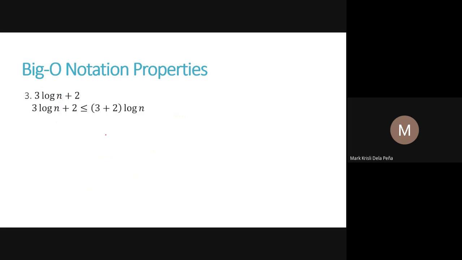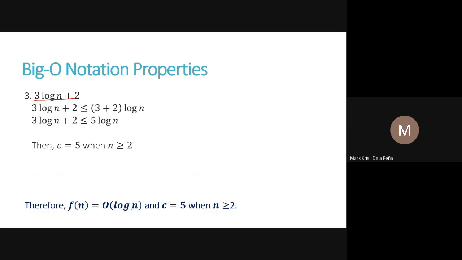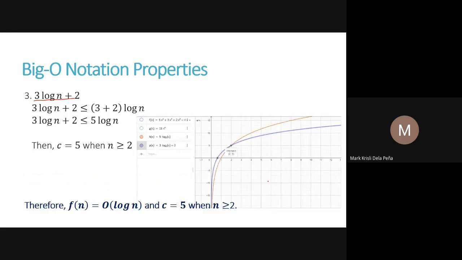Next, this one. Since there are only two terms, log n should have greater function growth rate. So that's 5. Then our final answer will be this one. Here's a graph. This is how a logarithm looks like. This is our f of n, and this is our g of n.